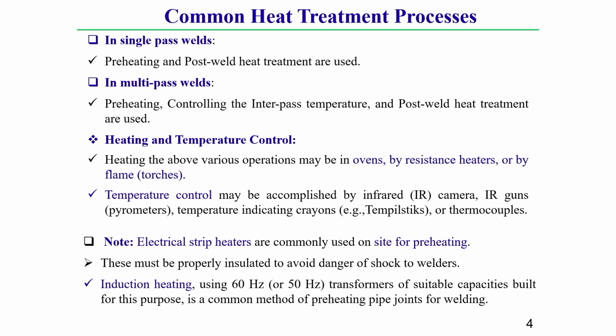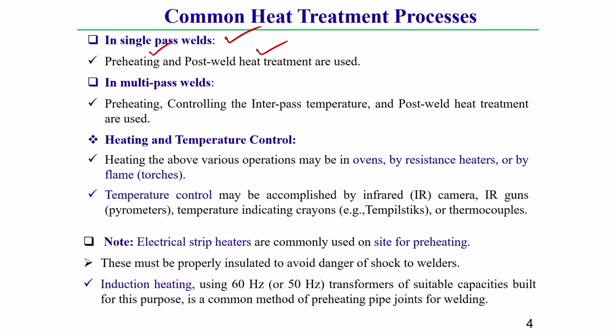That is why in this topic I will mainly focus on the common heat treatment processes used in commercial steel plate. Generally the heat treatment processes used in single pass welding are preheating and post weld heat treatment. These two are commonly used in single pass welding.